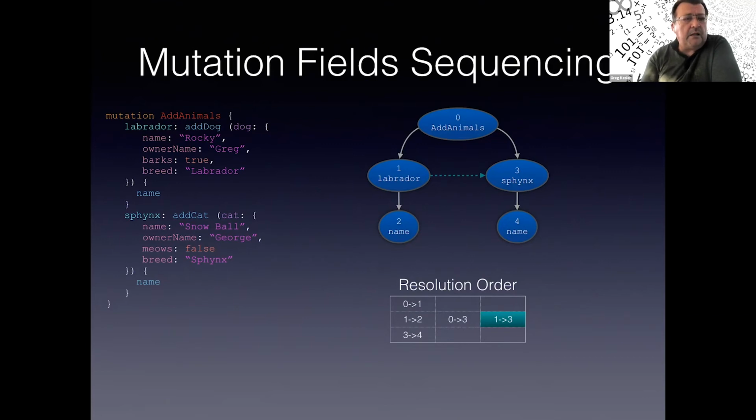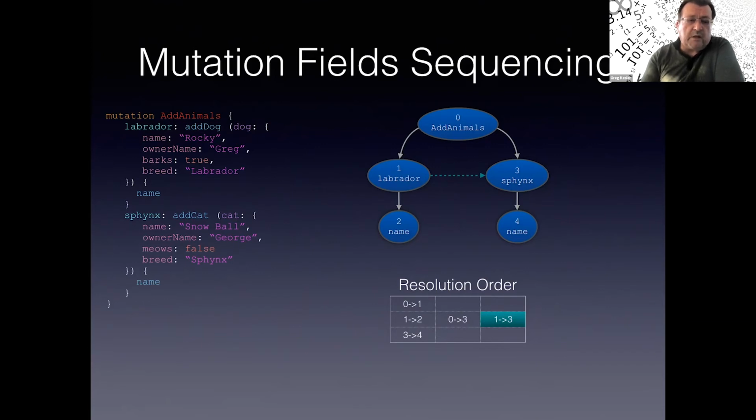With the query plan, it is not necessary because we can control with the query plan the execution sequence by providing additional edges between fields. These edges need not be actionable. In our case, we have the mutation fields add dog and add cat. Add dog is labeled as Labrador, add cat is labeled as Sphinx.